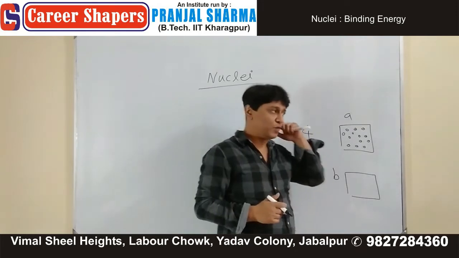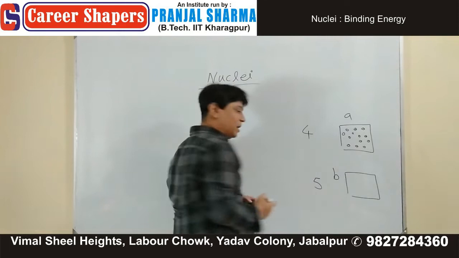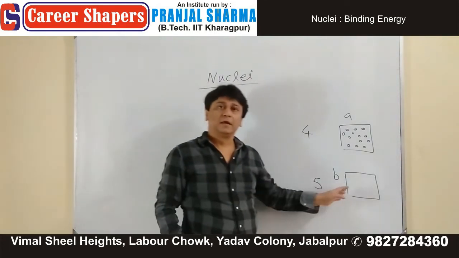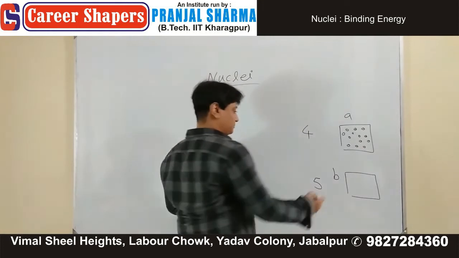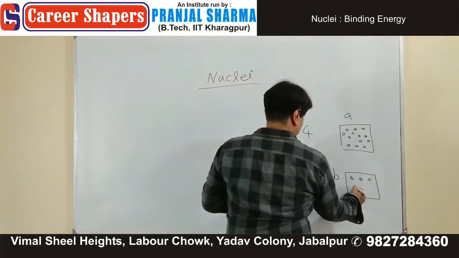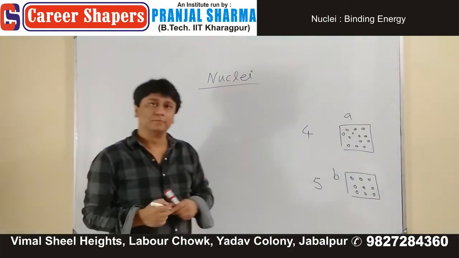Just imagine this way. Whereas those in B, they demand that if they each are given 5 rupees, then only they will come out of the classroom.